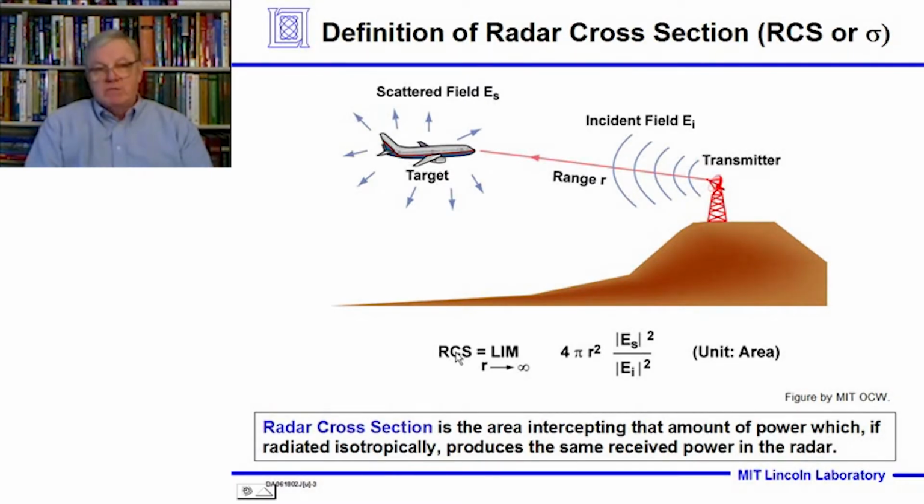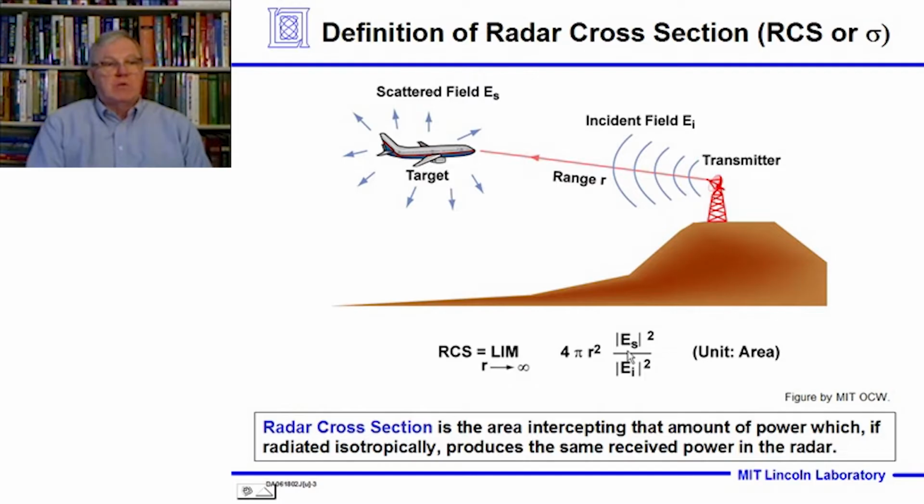We call that sigma in equations a lot. It's the limit as we go to far ranges, because we're in what's known as the far field of the radar, where the sphere is so big that it appears to be flat when it hits the target. That flatness we call a plane wave.